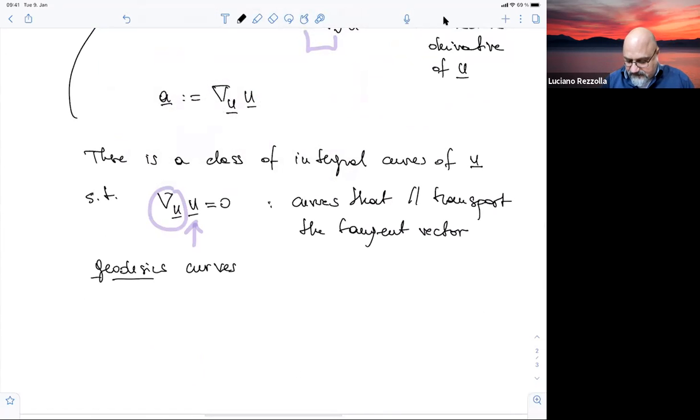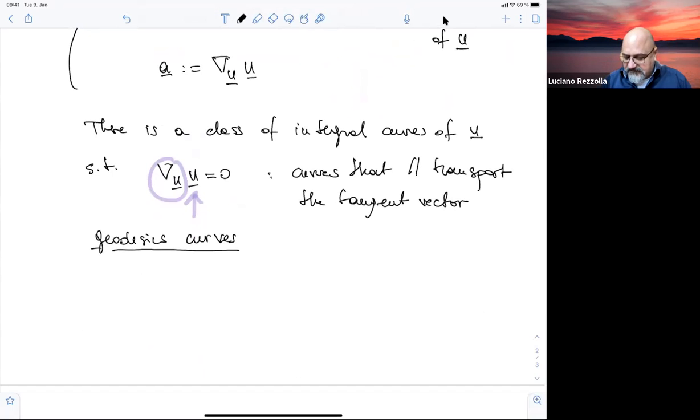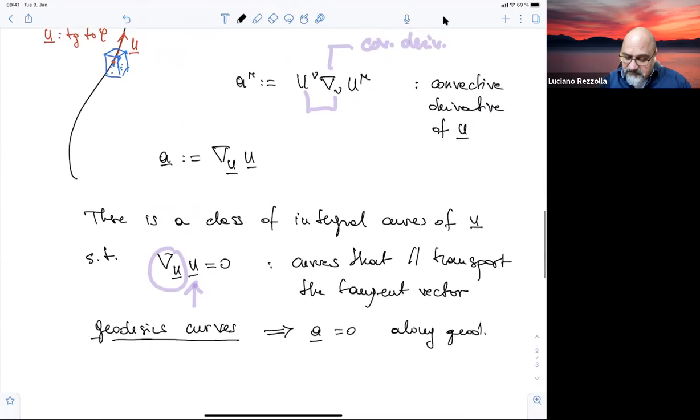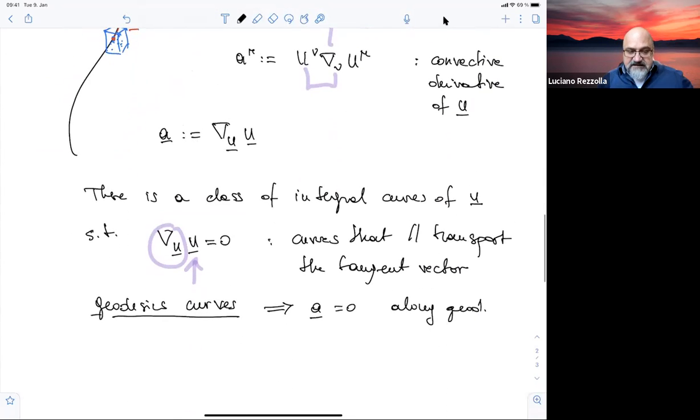So we've just learned that a geodesic curve has 0 acceleration. This is possibly well known if you're thinking about a particle, but this is true also for a fluid. So we defined A to be like so.